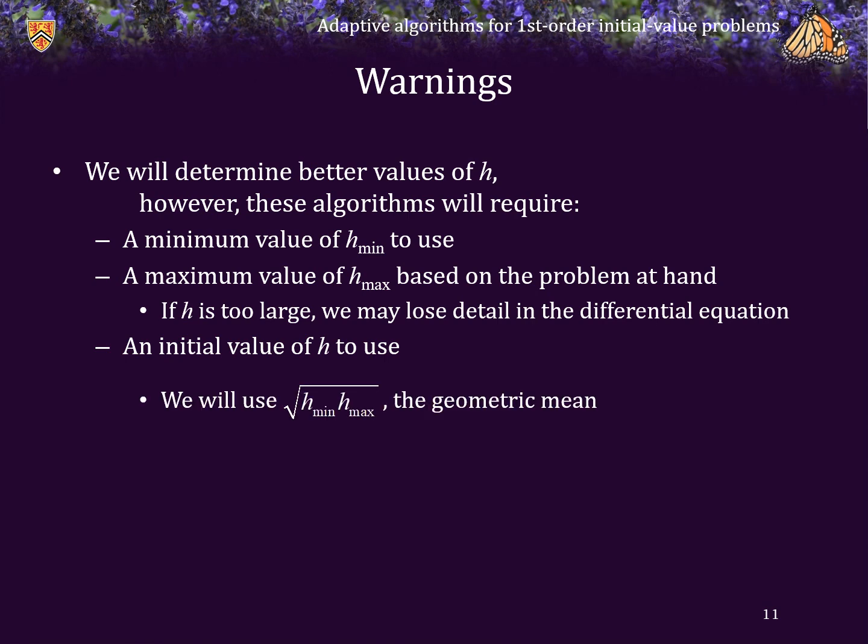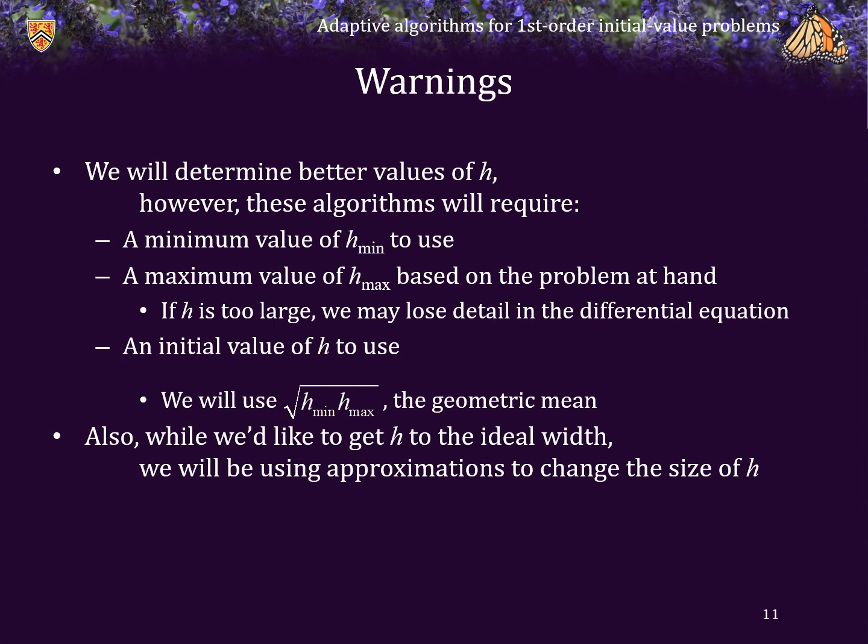Well, to make life easier, we're going to use the geometric mean of both the minimum and maximum values of h. What does the geometric mean mean? Bad pun. Well, for example, suppose that the minimum value of h we're willing to use is 0.001, and the maximum value of h we're willing to consider is 0.1, then the geometric mean of these is 0.01, right between the two logarithmically speaking.